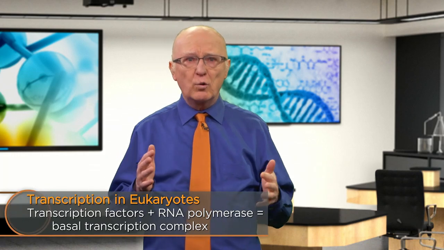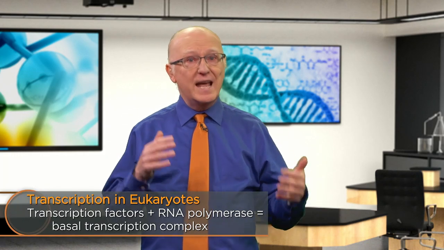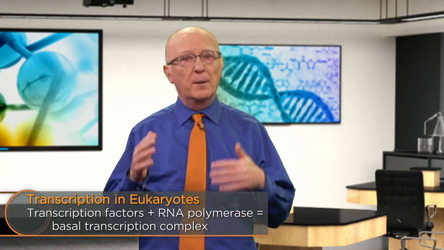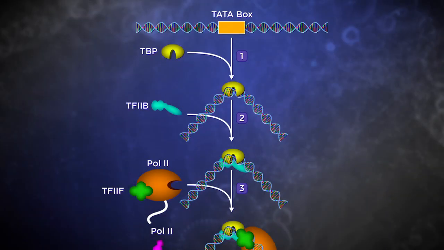Transcription in eukaryotes requires the general transcription factors and the RNA polymerase to form a basal transcription complex. The first step in the formation of this complex is the binding of the TATA box sequence by a transcription factor called the TATA binding protein, or TBP.